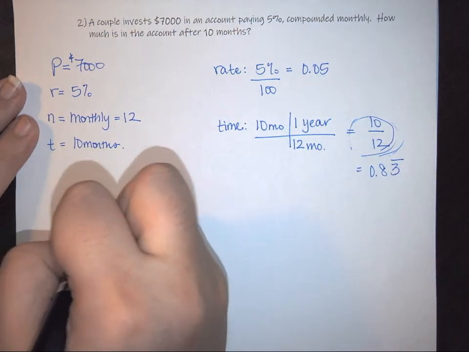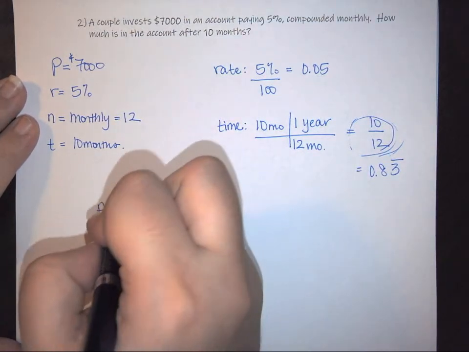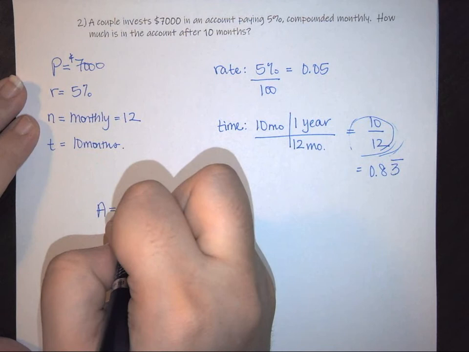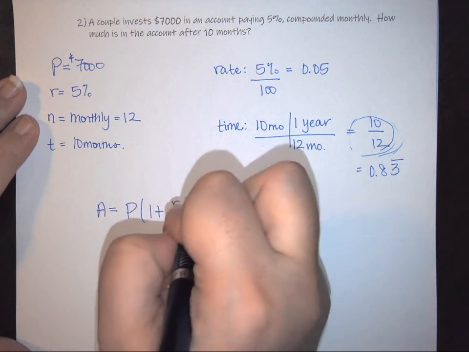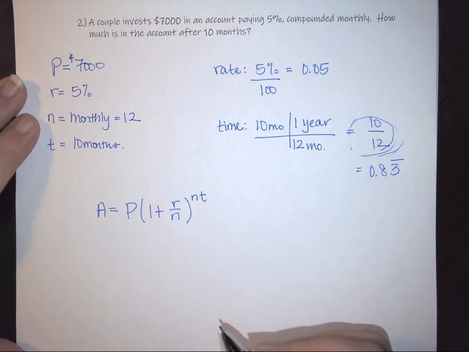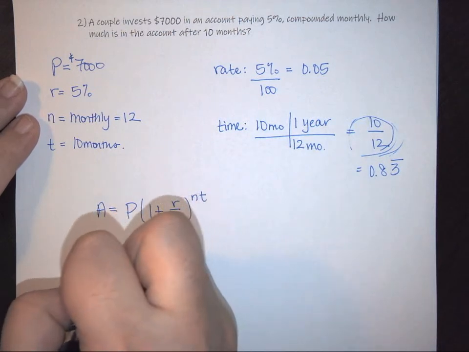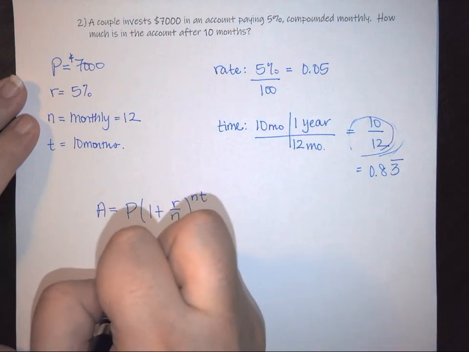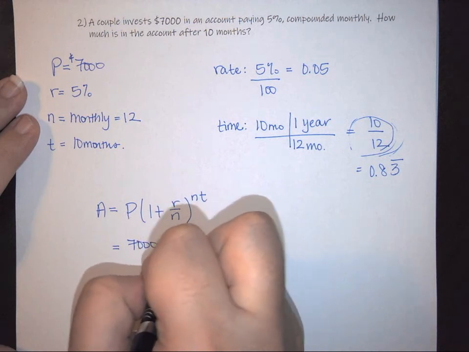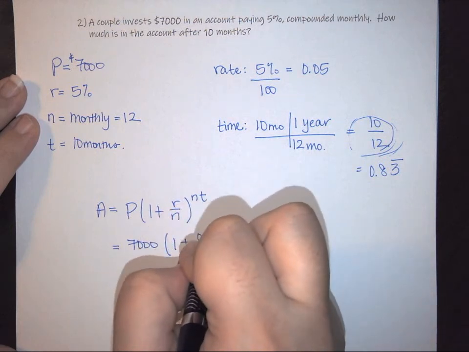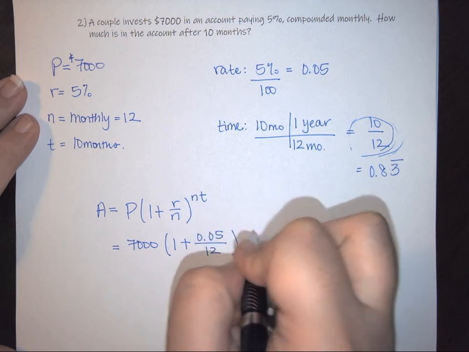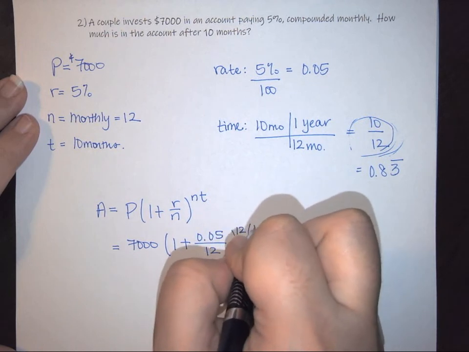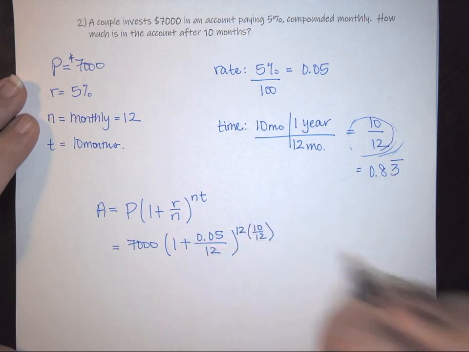So here again, we want to know how much is in the account. Again, it's P times 1 plus R over N, to the NT. So here this is going to be the 7,000 times 1 plus 0.05 over 12, raised to the 12 times 10 over 12.